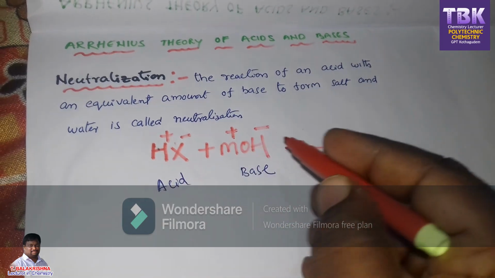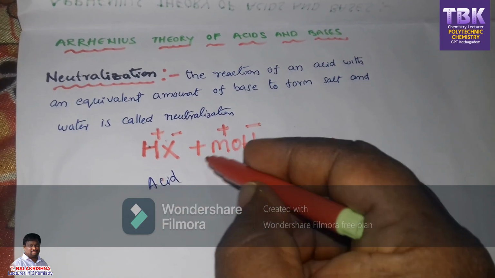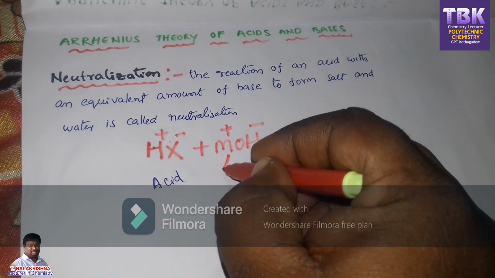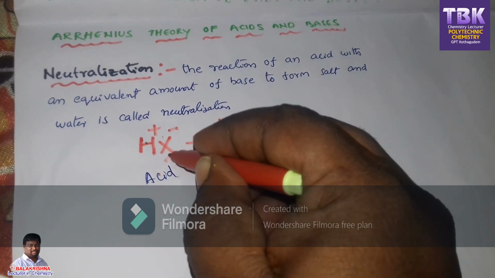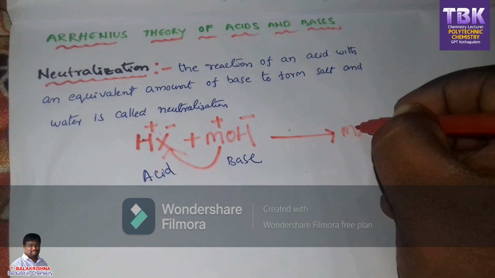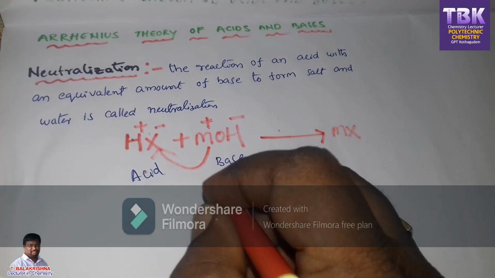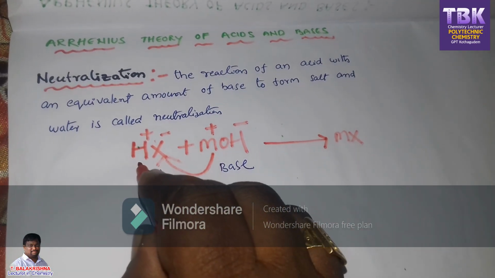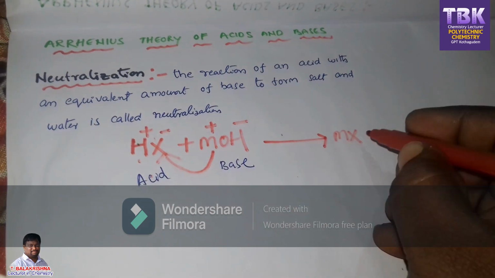So if acid reacts with base, this M plus reacts with X minus, it produces MX. This H plus reacts with this OH minus.